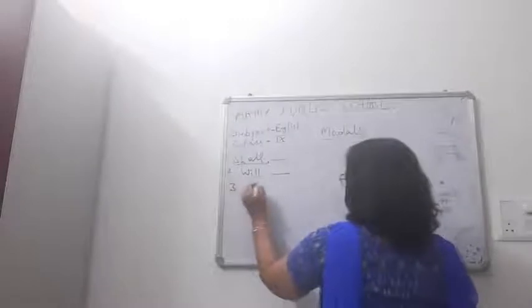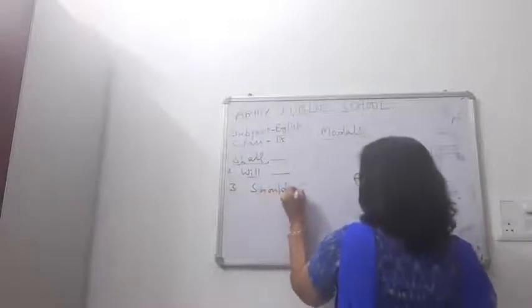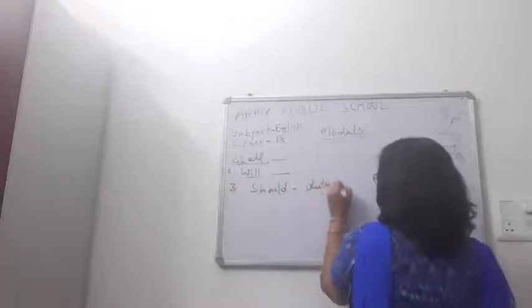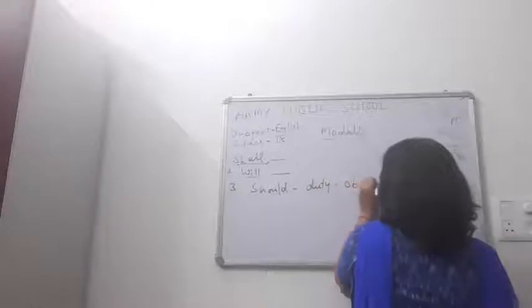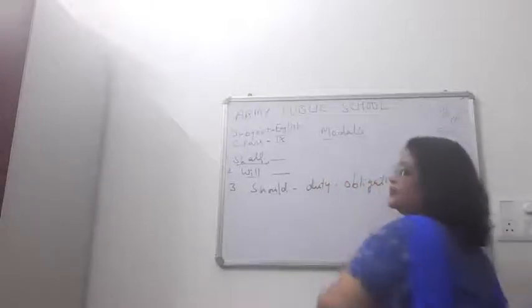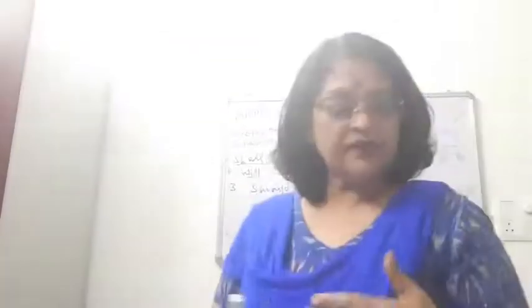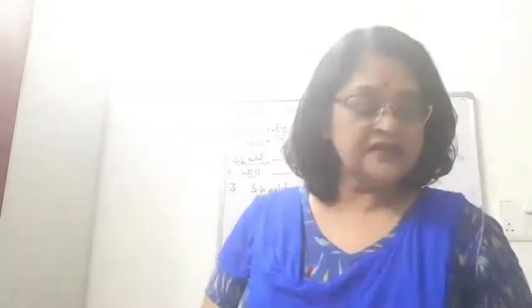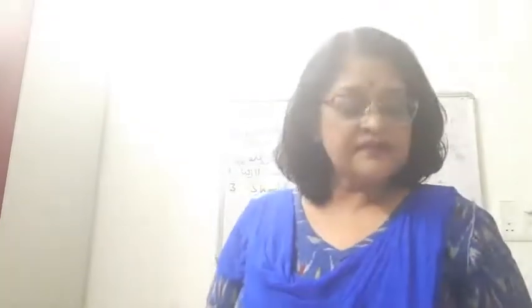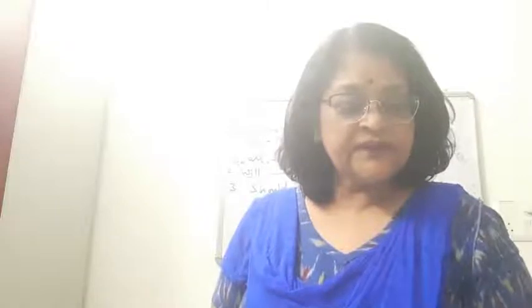Should is used for duty, obligation. You can note it down so it would be easier for you to remember it. If we separate it, then you can compare and learn it.